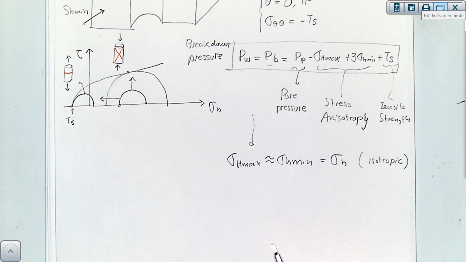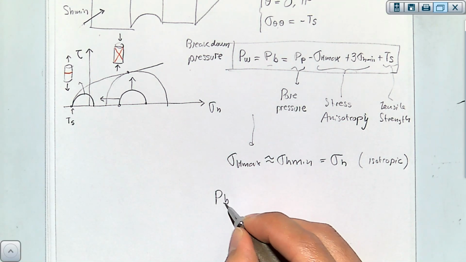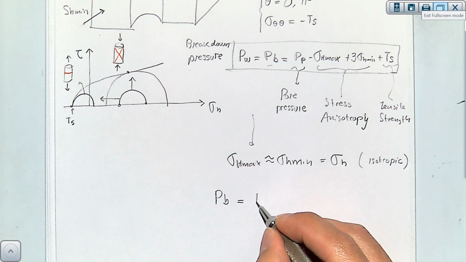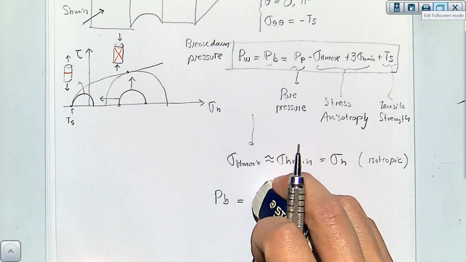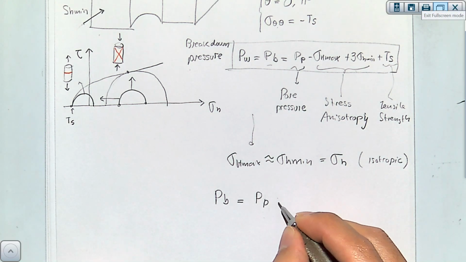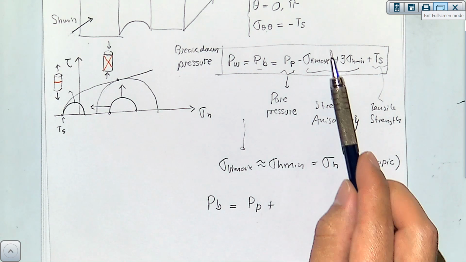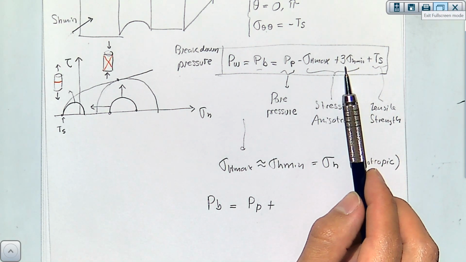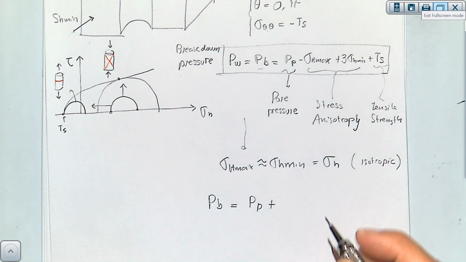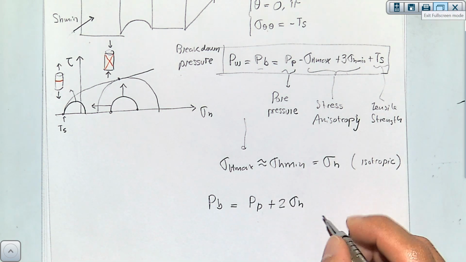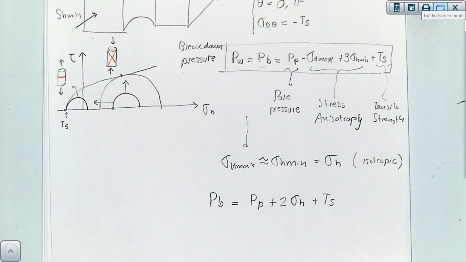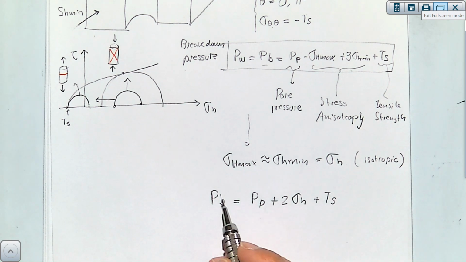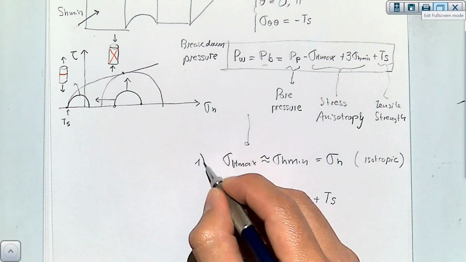If we do that, then our equation of breakdown pressure is going to simplify, and this is going to be equal to the pore pressure plus, since sigma h max and sigma h min are the same, 3 minus 1 is just going to be 2 sigma h, plus the tensile strength. Okay, so this is going to be case number 1.